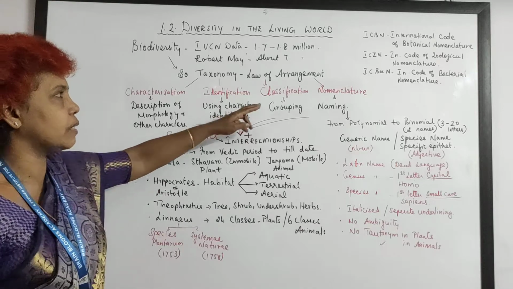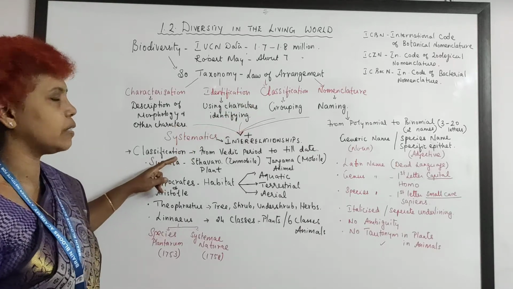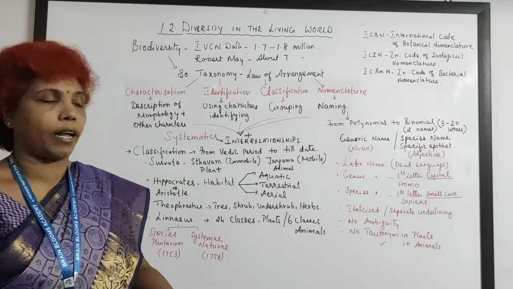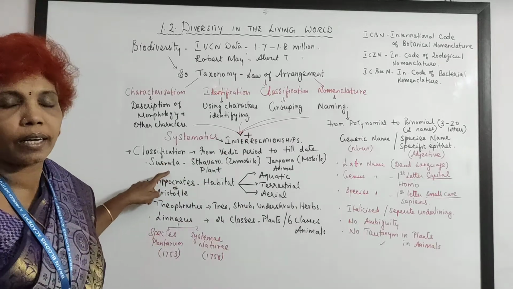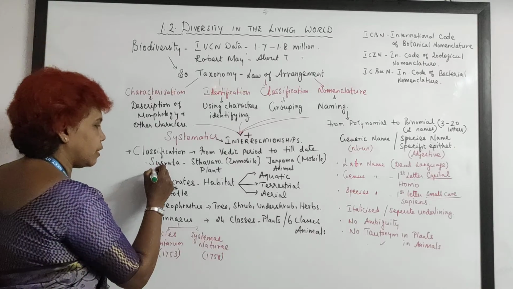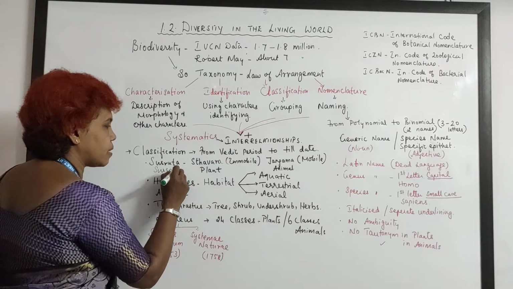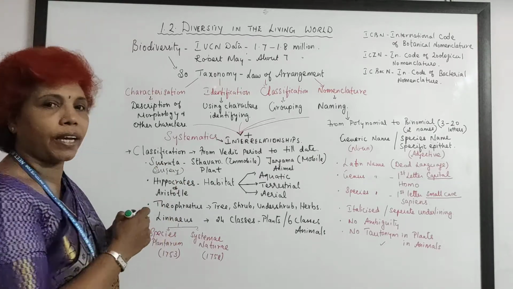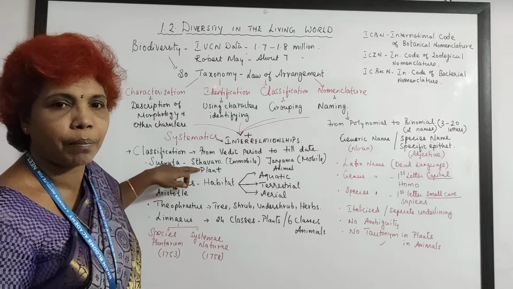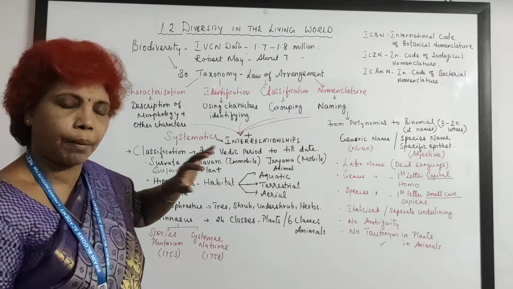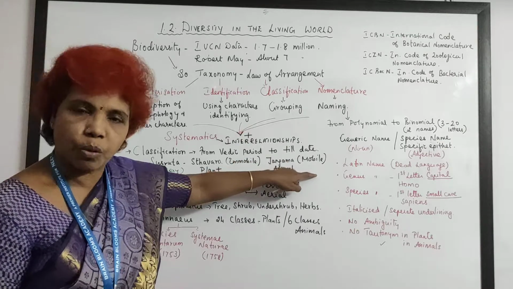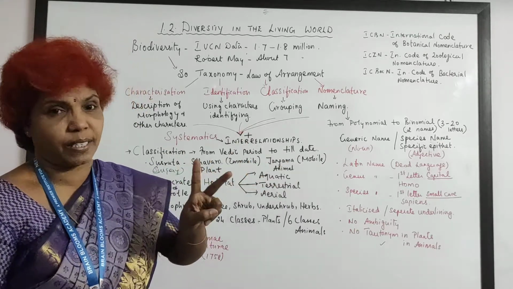Look at this, classification has been done from the Vedic period till date. Sushruta, the father of surgery, classified the living world into Sthavara, meaning plants, which are immobile, and Jangama, animals, which are mobile.